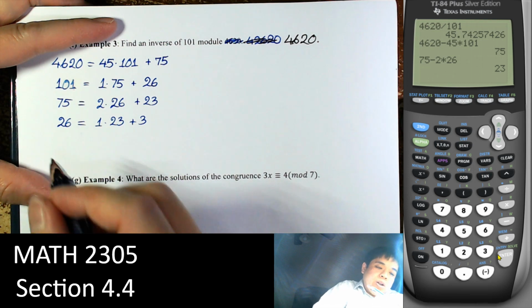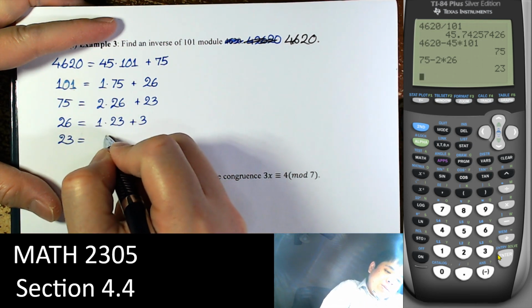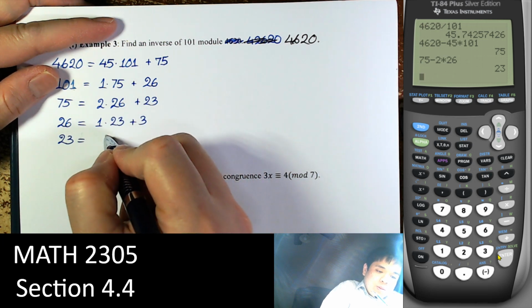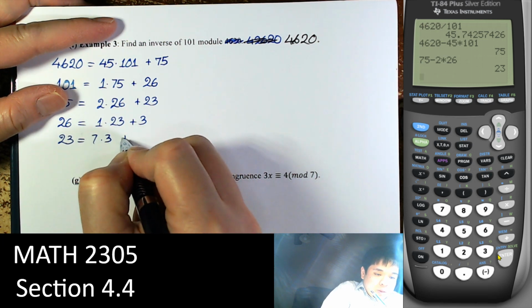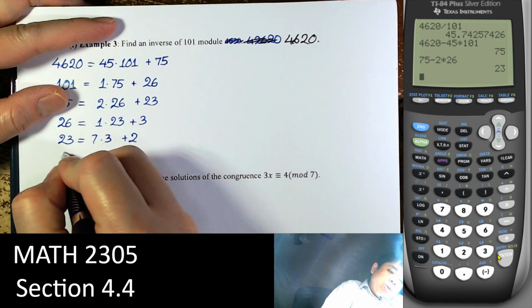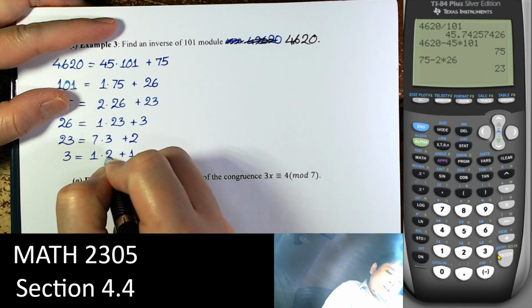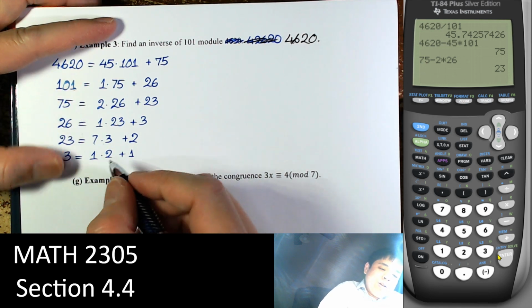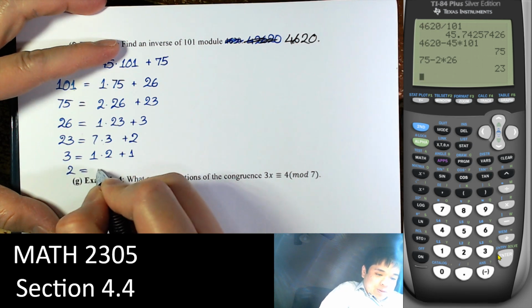Now 23 and 3. Now 3 and 2. And then 2 and 1. That's done.